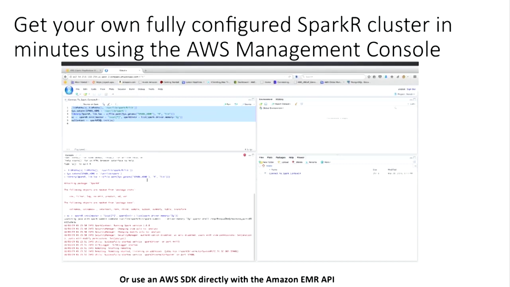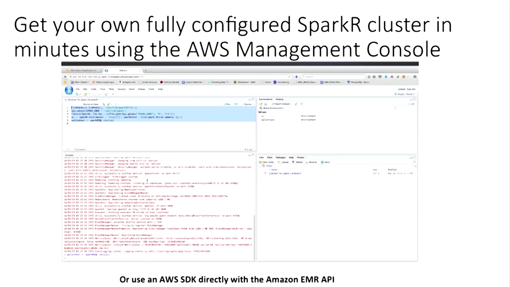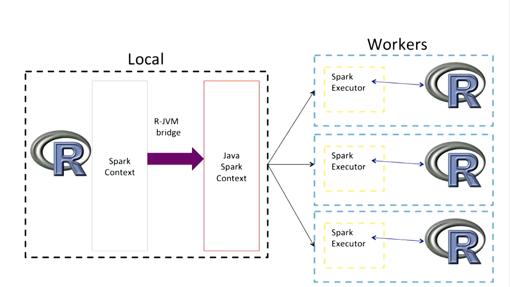But I need a way that Spark can talk to the Spark context. And if that doesn't make sense, that's OK, because I'm going to talk about what that actually means here in a second. But basically, I'm running SparkR now on a cluster. And that's all it took, a few minutes, and we were up and running.